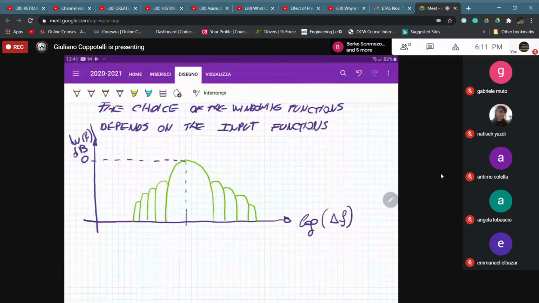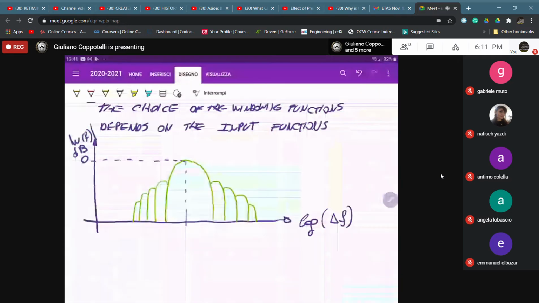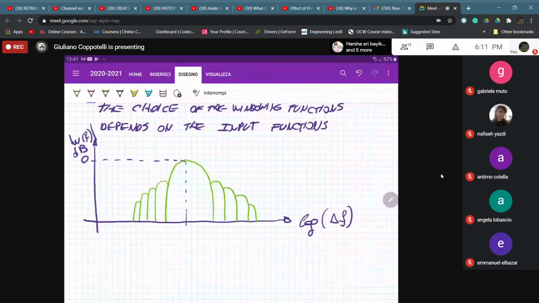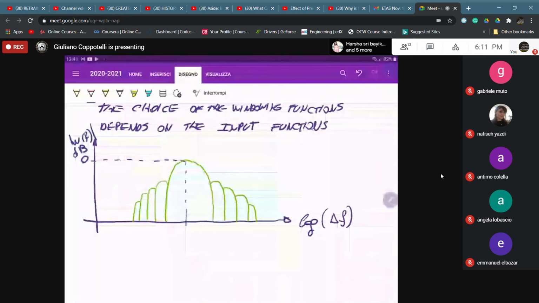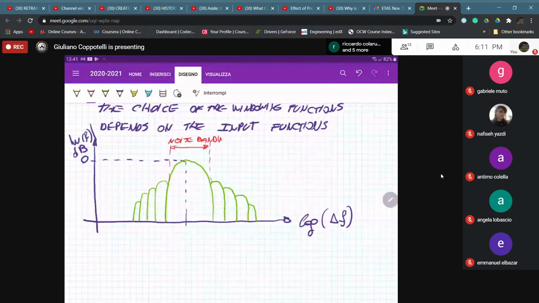We can identify the 0 dB value at our center frequency, but we also have here what is called the noise bandwidth, a region in terms of frequency.